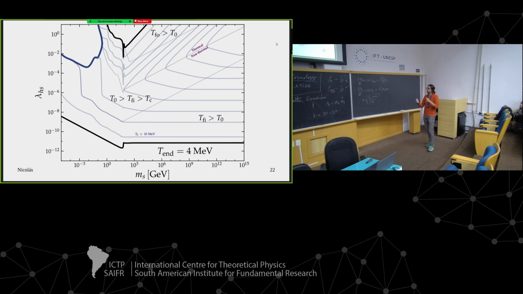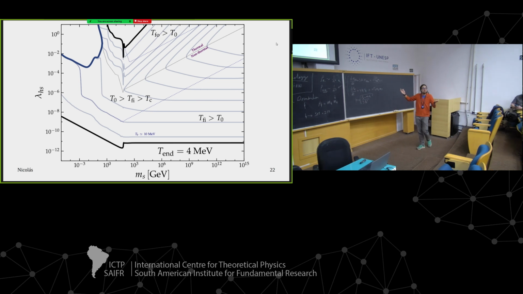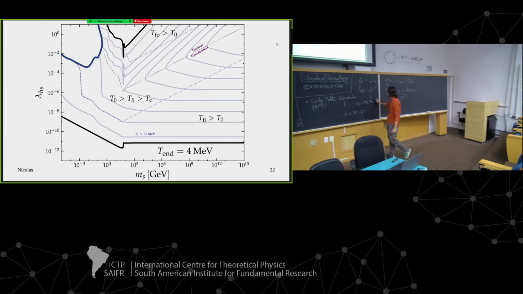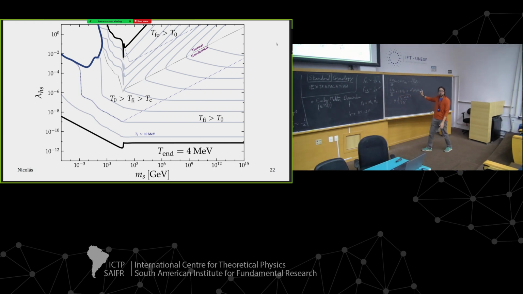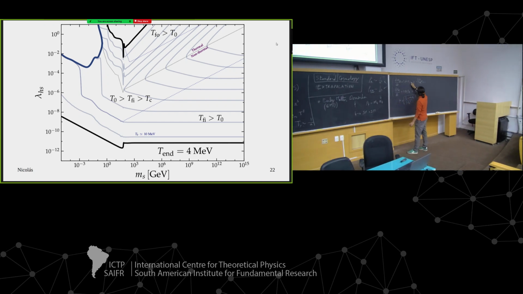And during reheating, this energy is transmitted from the inflaton to the standard model. So if you assume that during reheating, the inflaton has a mass, right? And it's non-relativistic, you will get back exactly to the same picture, right? So you just have to change PBH by phi, and phi will be the inflaton field.